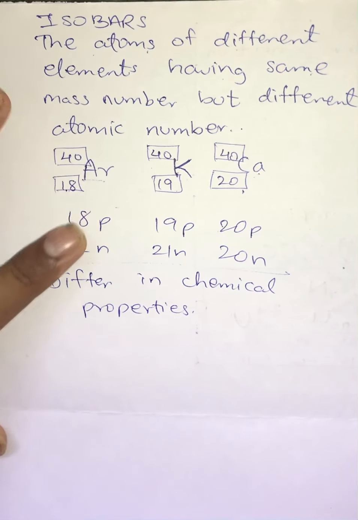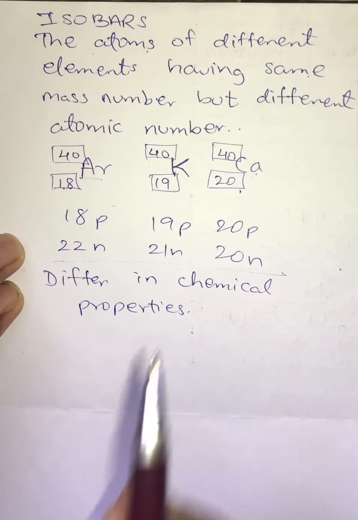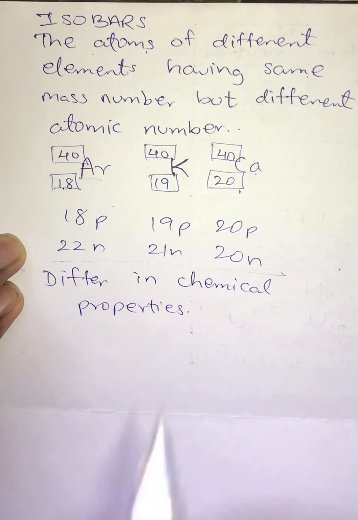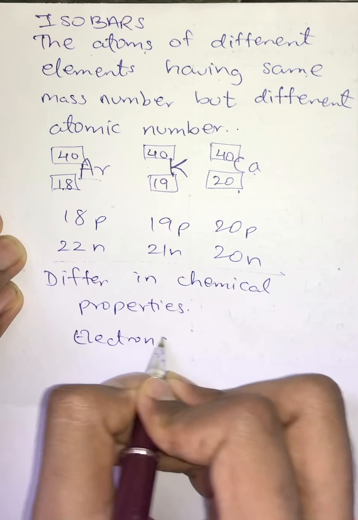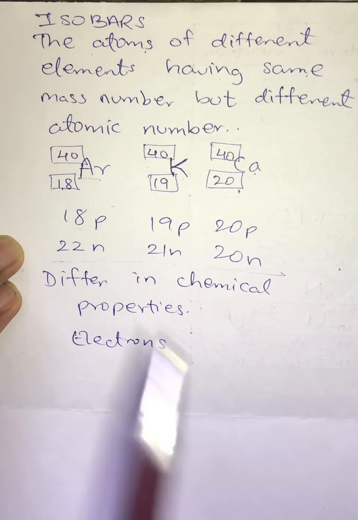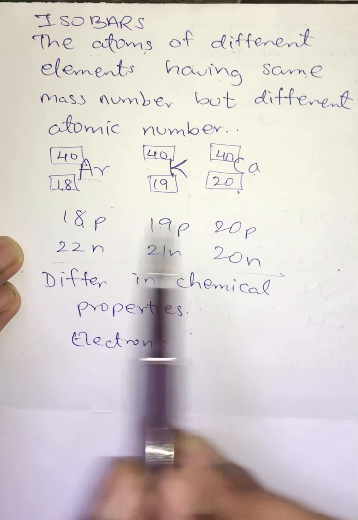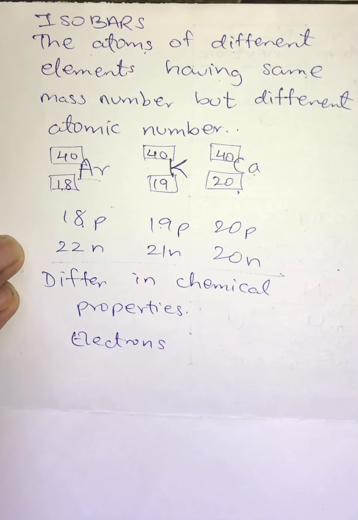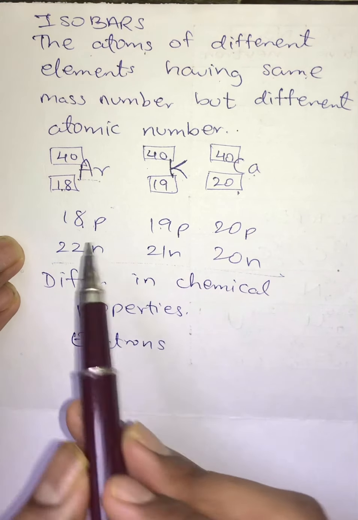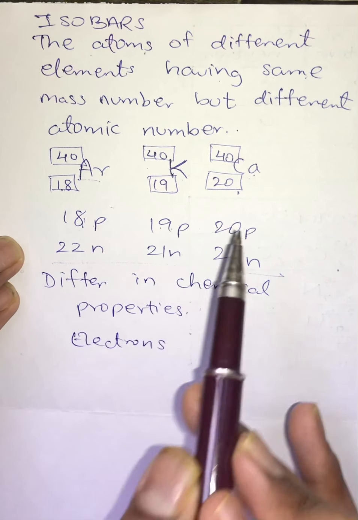Now what does this mean? See guys, chemical properties is the one thing which depends mainly on electrons. And if you see carefully here, since the number of protons are changing, therefore the number of electrons will also change, because number of protons and electrons in an atom are always same. So here we have 18 electrons, 19 electrons and 20 electrons.